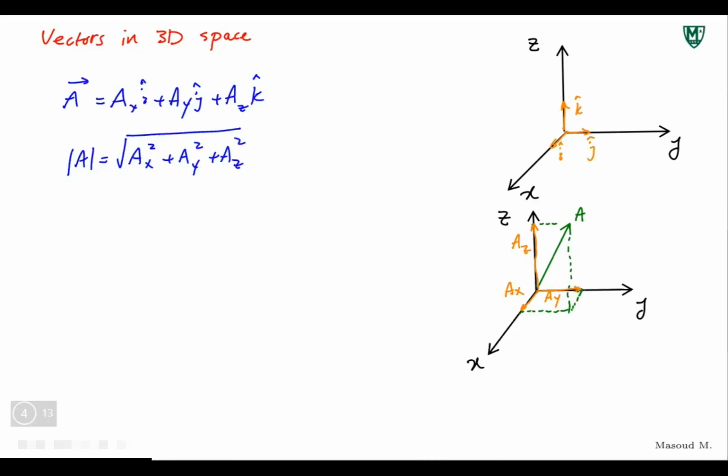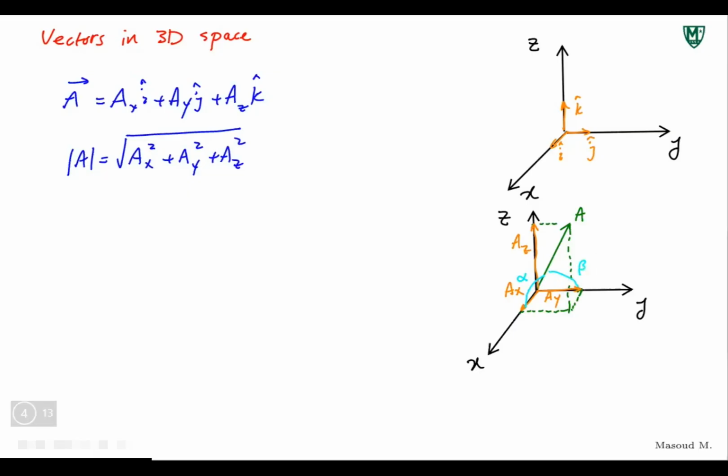The angle that vector makes with different axes, X, Y, and Z axes, these angles. Let me represent it like this. With X, I'll call this alpha. The angle it creates with Y axis, beta.